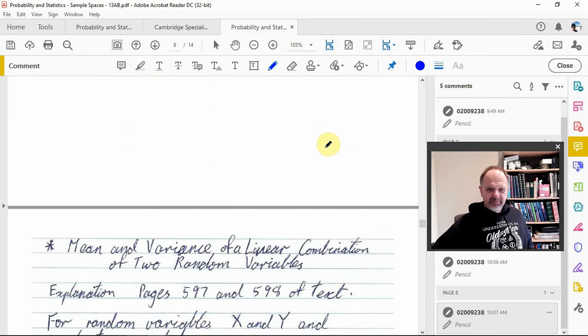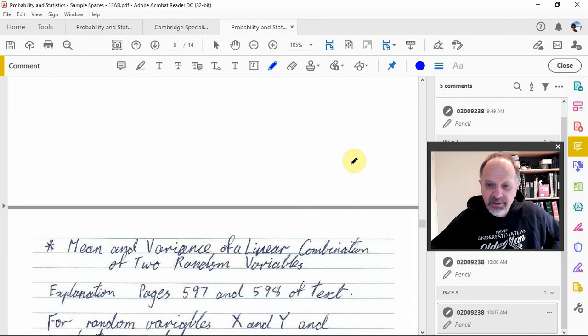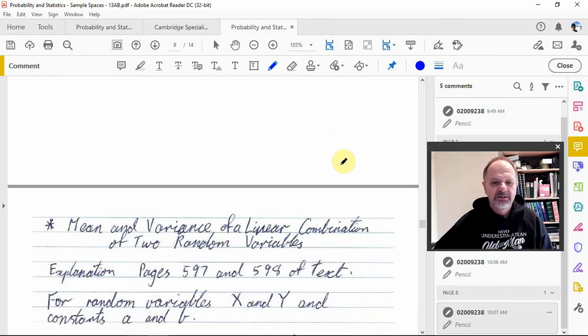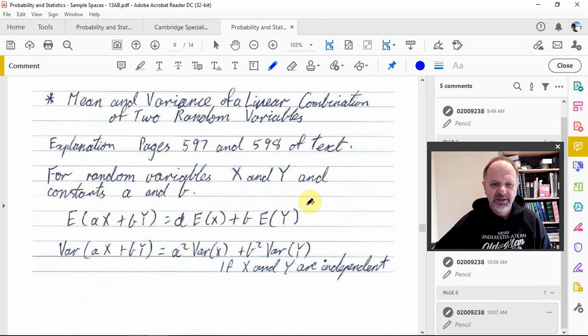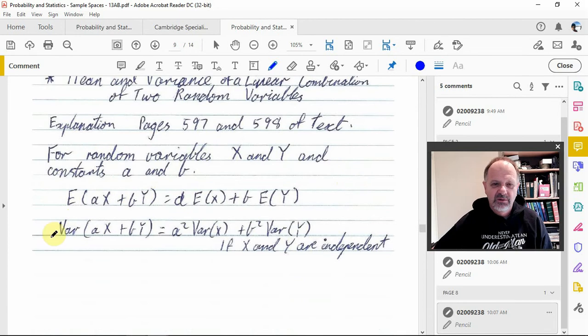All right, next, mean and variance of a linear combination of two random variables. There's more on this on pages 597 and 598, so if you want some proofs, that's where you can go. So for random variables x and y and constants a and b, this is how we put them together.